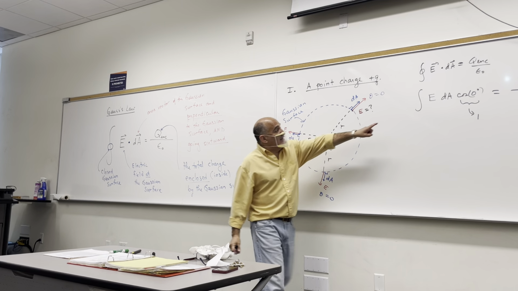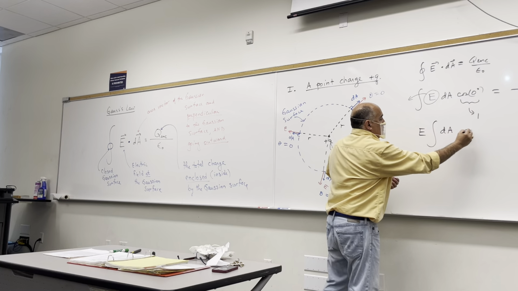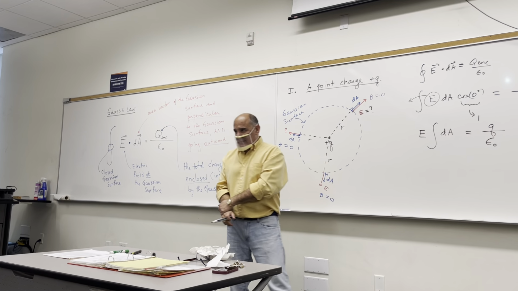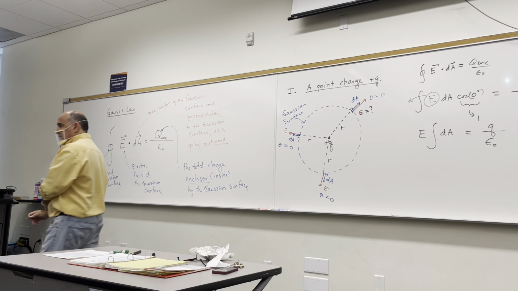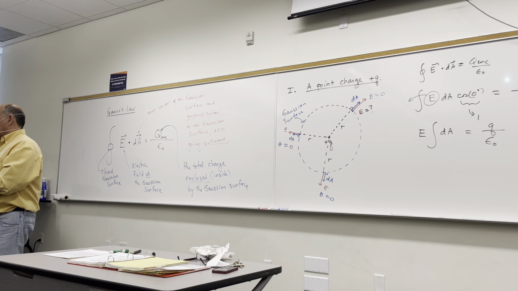Therefore, this electric field is constant throughout the entire surface I'm imagining, so I can take it outside the integral, which is what I'm solving for. The cosine of 0 is 1, and then I have this. Yes or no? That's the reason why, for a point charge, imagining a sphere works.